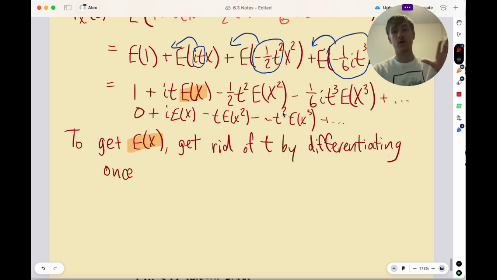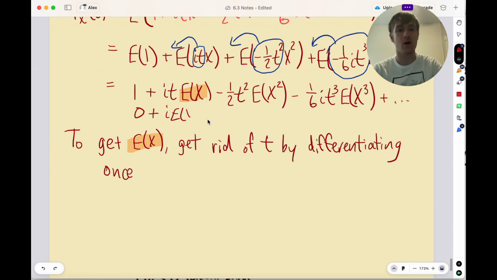And I want to get rid of everything except this term. Well, it's a characteristic function, so I get to plug in a value of t. What value of t makes everything else go to 0? After differentiating once, we're just going to plug in t equals 0.